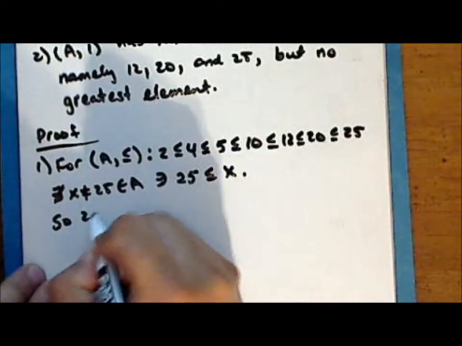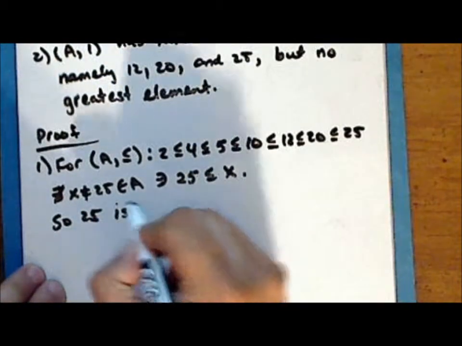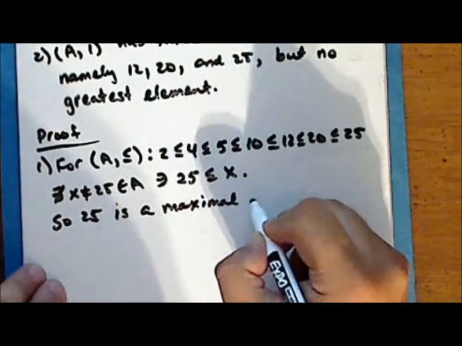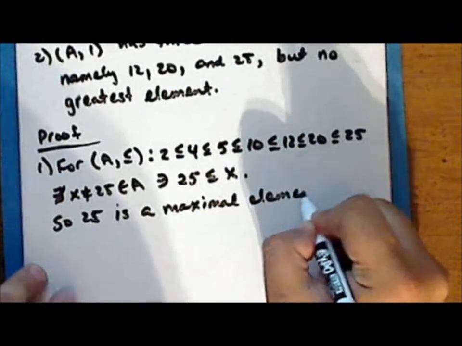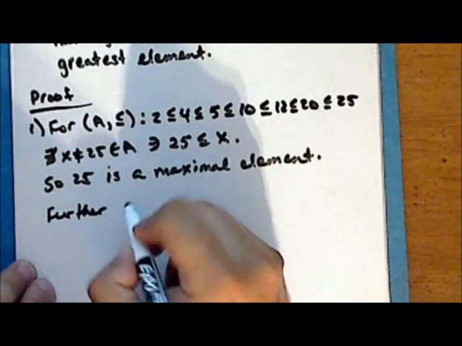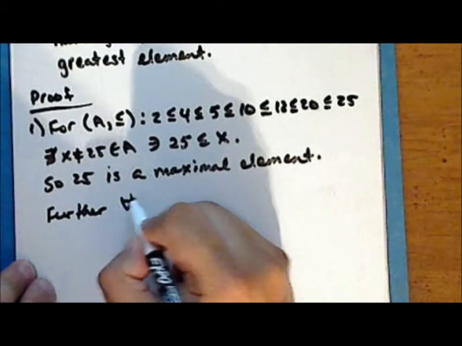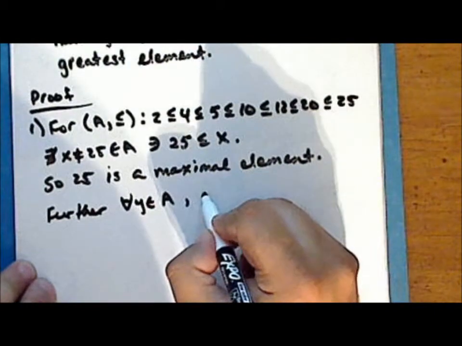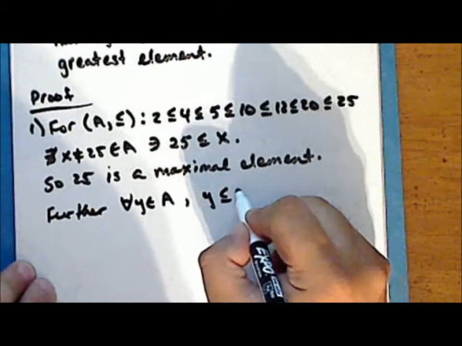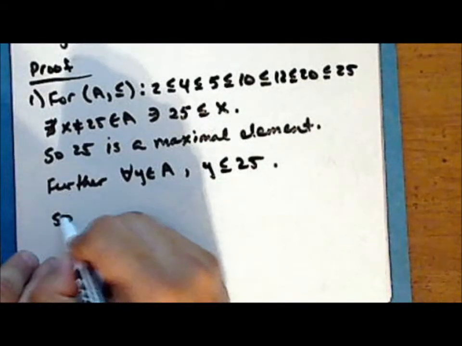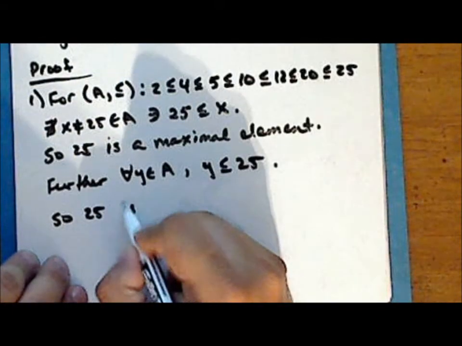And so the number 25 is a maximal element. Further, for every element y in the set A, we have that y is less than or equal to 25. And so the number 25 is the greatest element.